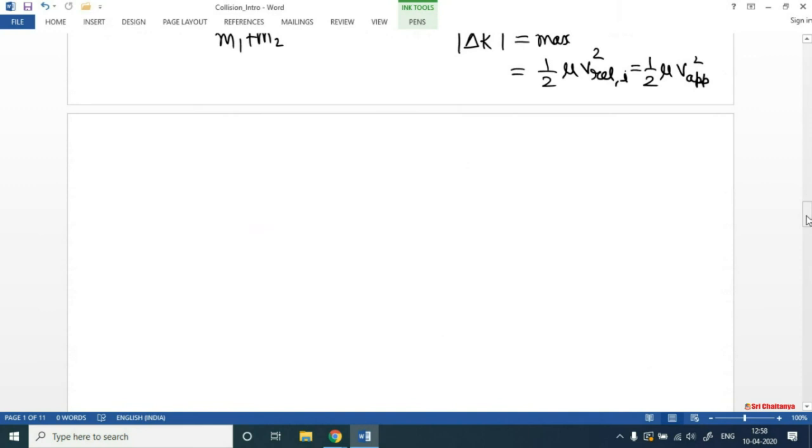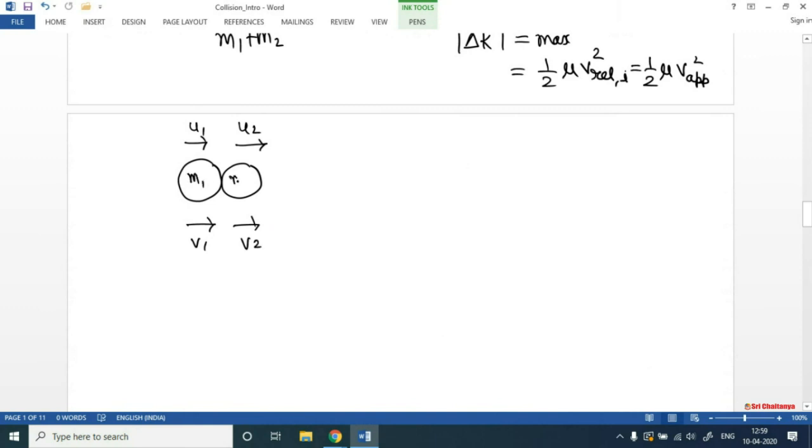So let's discuss a general case scenario. We have already learned, say for example, two colliding bodies are there. Just before the collision, their velocities are in this direction, u1 and u2, and after the collision the velocities are v1 and v2 over here.